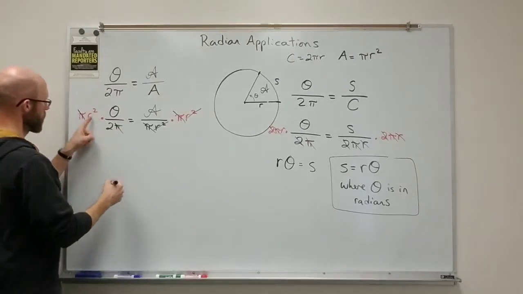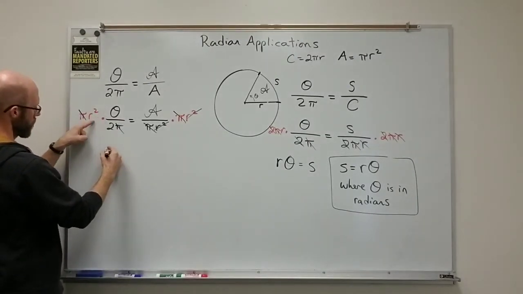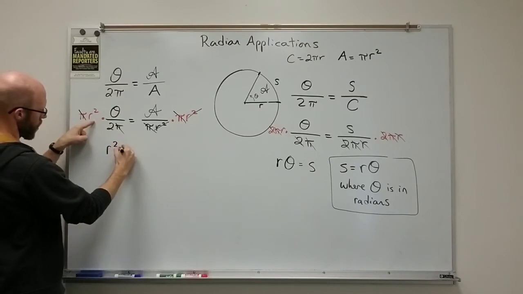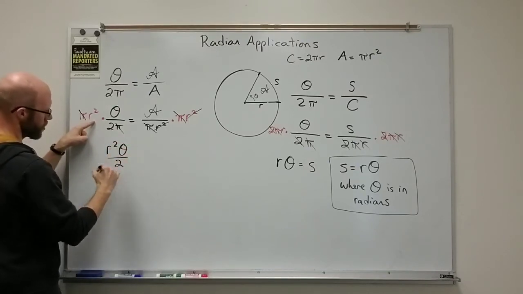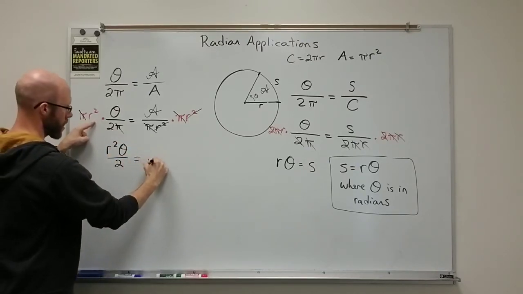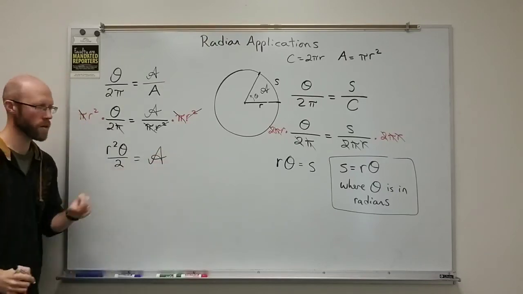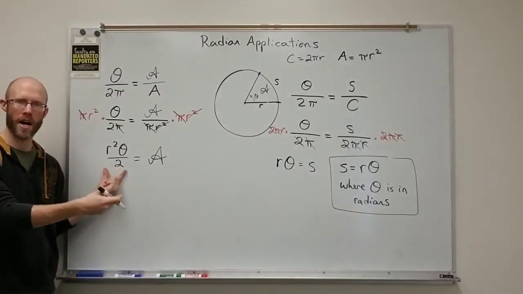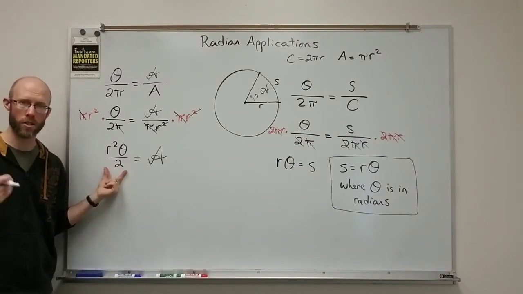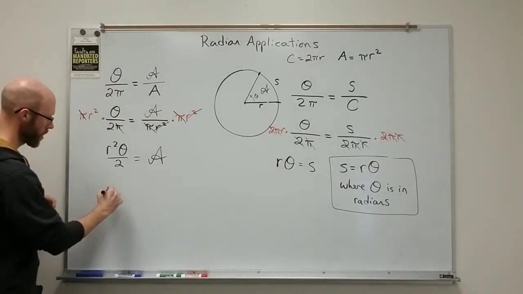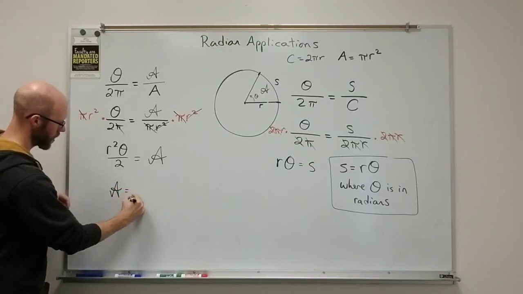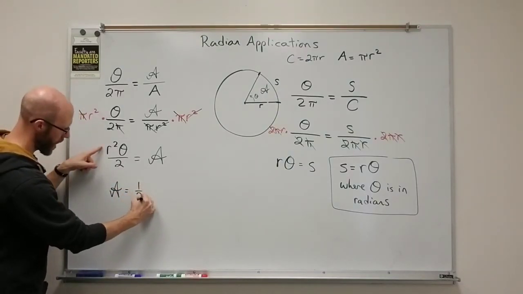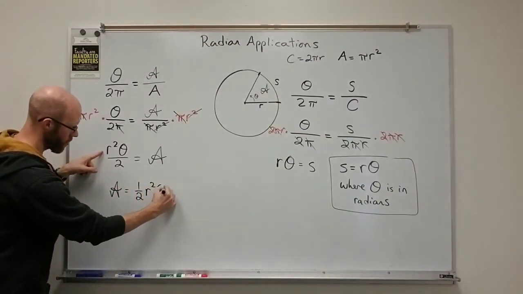And so I'm left with, you could think of it as, r squared theta over 2 is equal to that area of the sector. However, instead of dividing by 2, we're going to write it as a coefficient of 1/2. It's the same thing. And so the area then is equal to 1/2 r squared theta.